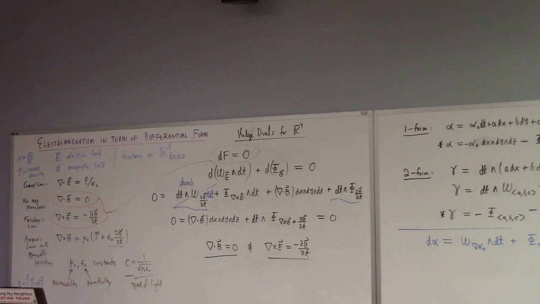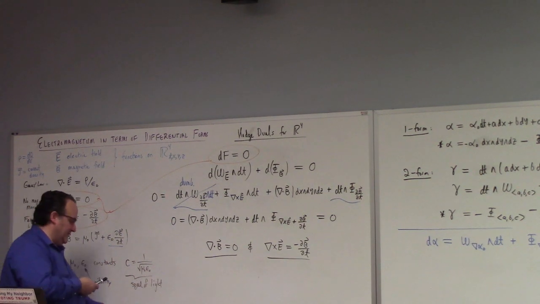So two of Maxwell's equations just become the fact that the Faraday tensor is closed. Does it take a lot longer to prove that? I don't know, depends on what the other ways are, I suppose.